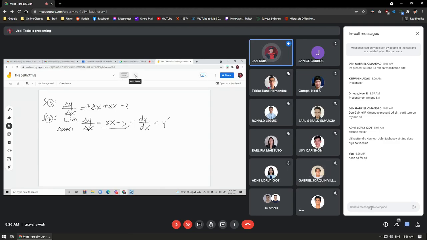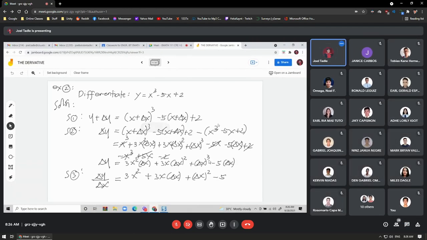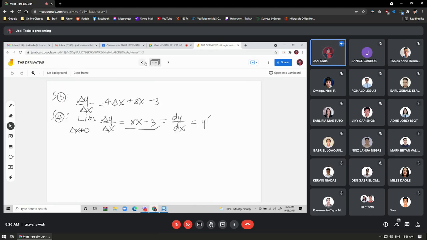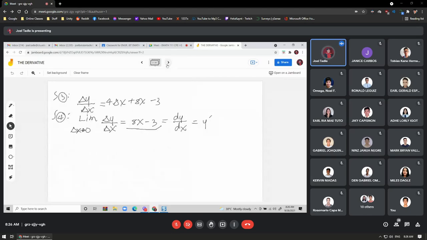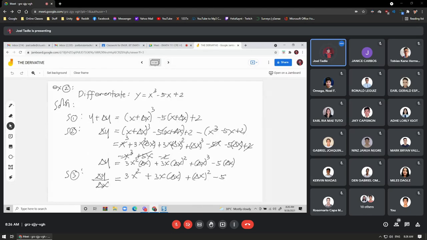So another example, to learn more. So here we have x cubed. Earlier, it was x squared. So here we have a higher exponent, x cubed.